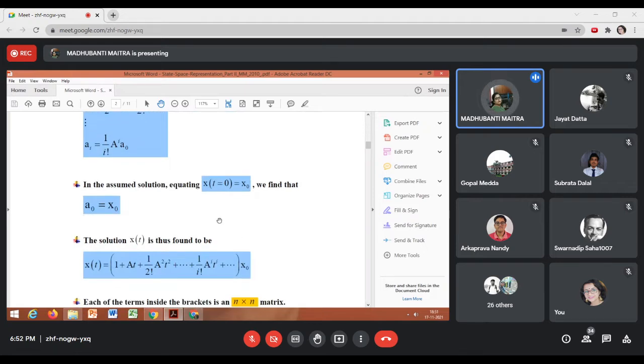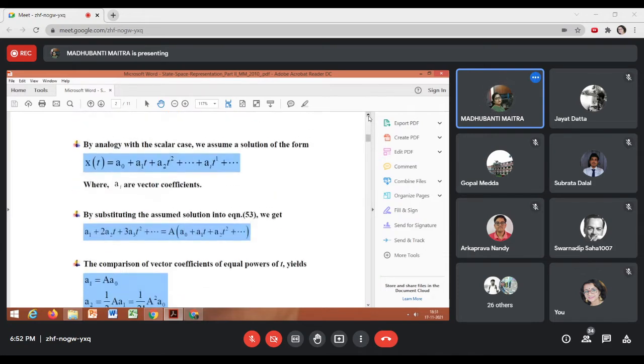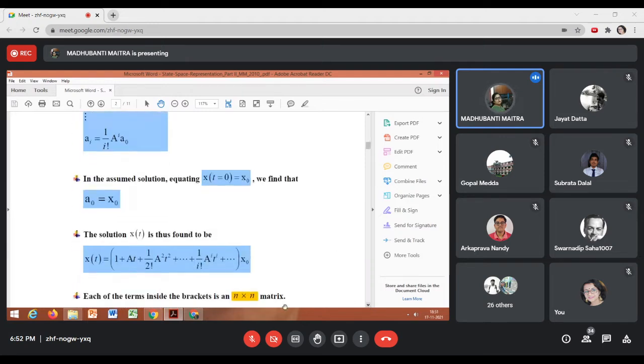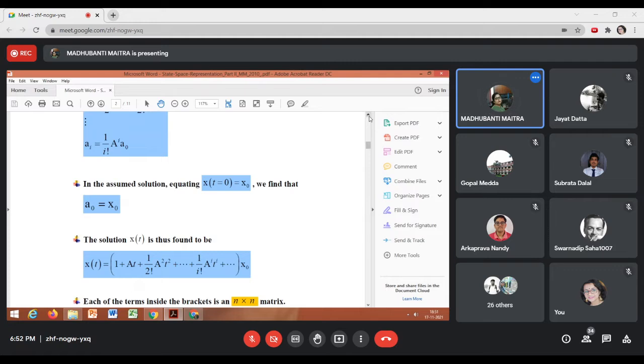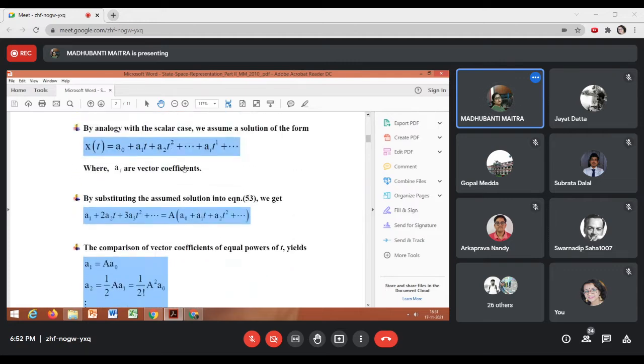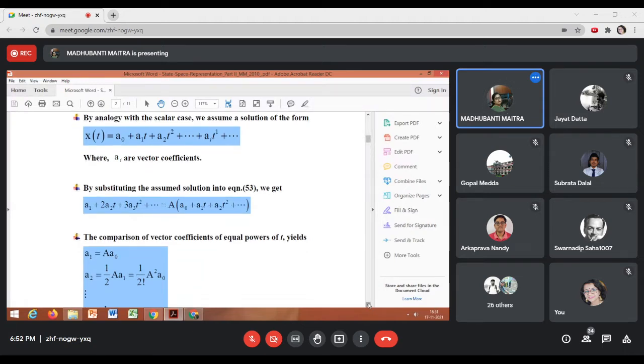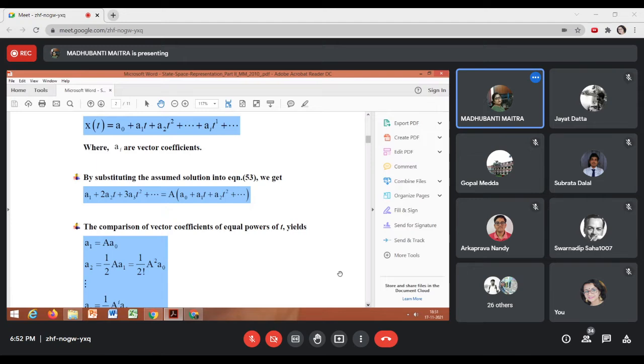So now we can collect all these terms and we can write that the solution vector x(t) here, if you substitute a0, a1, a2 by these values, then we'll get the solution x(t) to be equal to 1 plus At. Do you want to write down this equation? Please correct it.